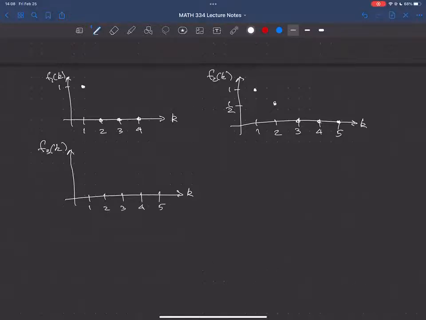So f3 will have a value 1 here, a value a half here, and a value a third here, and then 0 forever after. So certainly we can see that fj is in f infinity 0. The main thing being this: it has only finitely many non-zero terms.